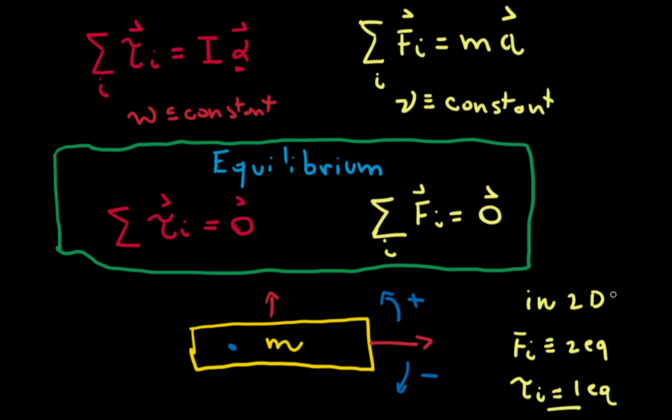Because again, in 2 dimensions, torques can be either positive or negative. It's almost like doing forces or kinematics in 1 dimension. So what this allows you is that for the additional degree of freedom, we will also have an additional equation to be able to solve problems.